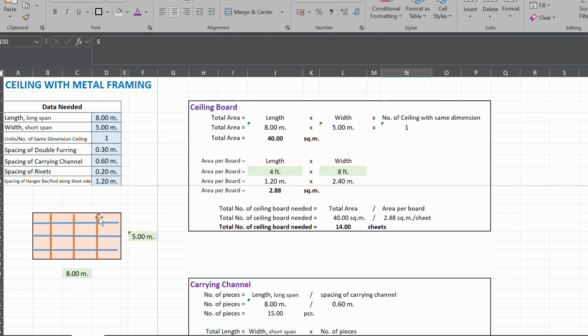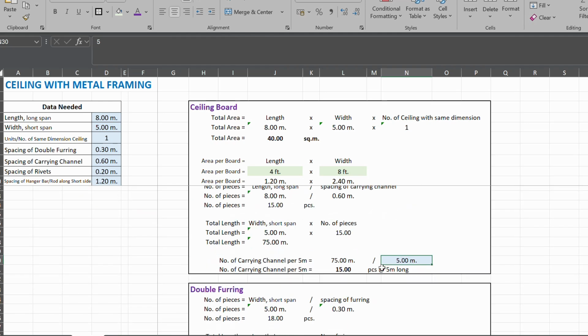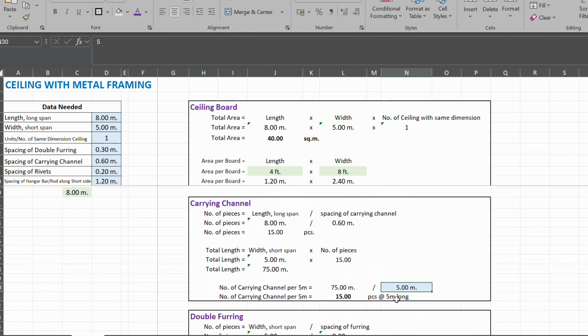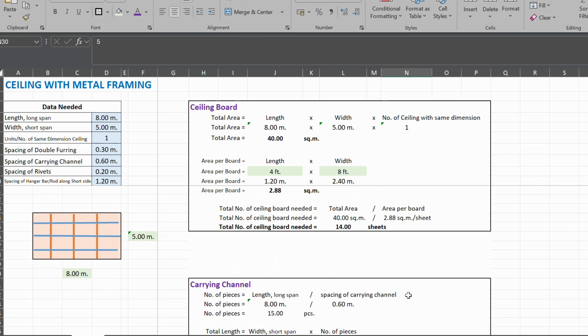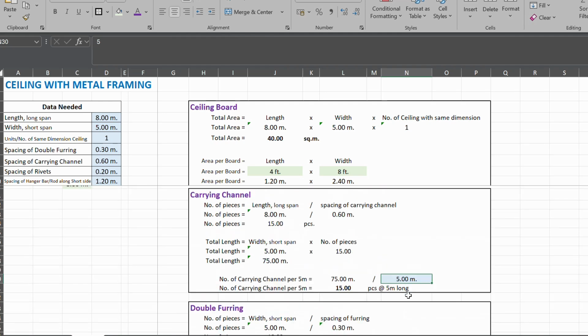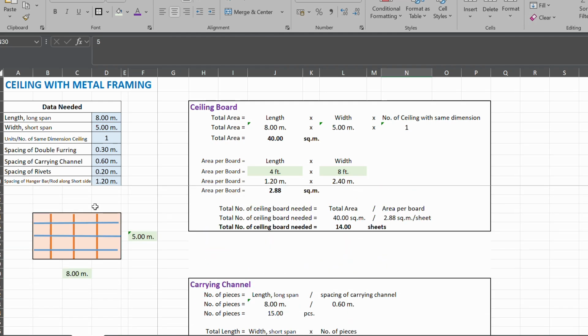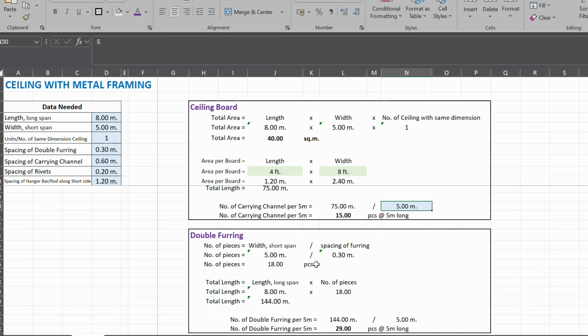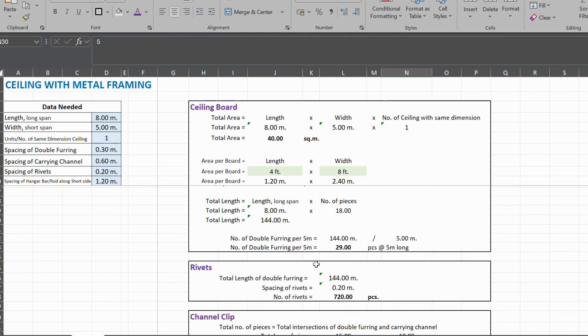So, mas maigi na walang dugtong. Full talaga yung plan. Customize or coordinate with your supplier. Yun po yung advice. Mas maigi na buo talaga, walang dugtong-dugtong dito sa carrying channel, kasi siya yung nagdadala ng weight.